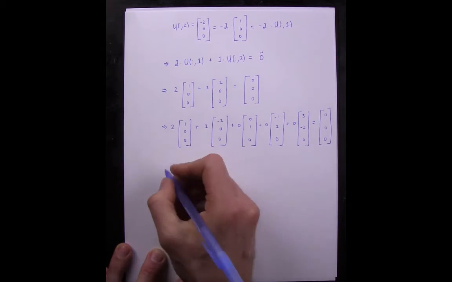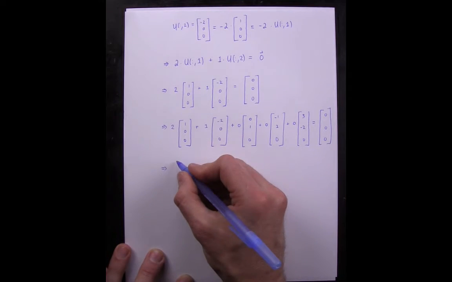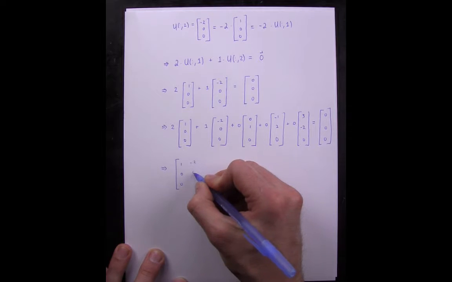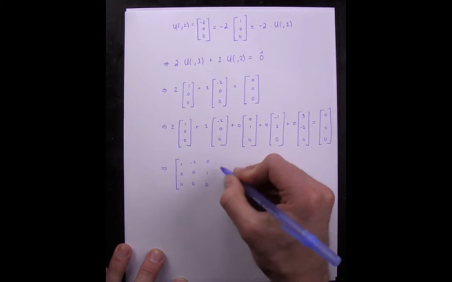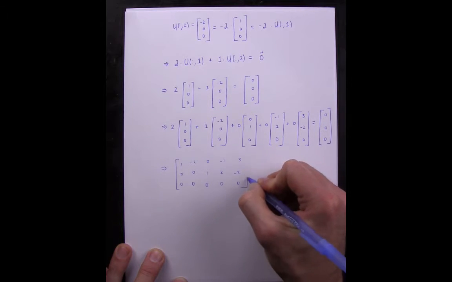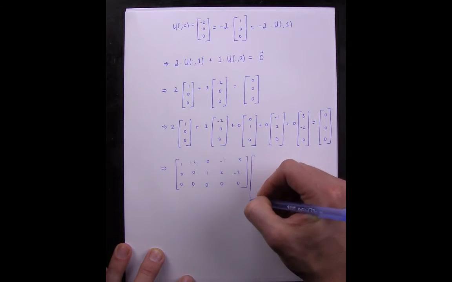Now if we look at this, what we see is this is the matrix vector product U multiplied by the scalar weights.